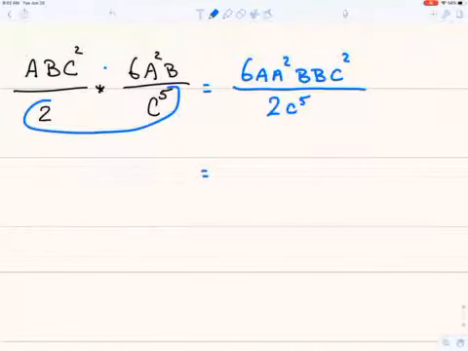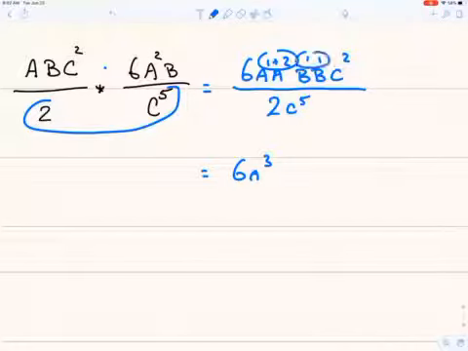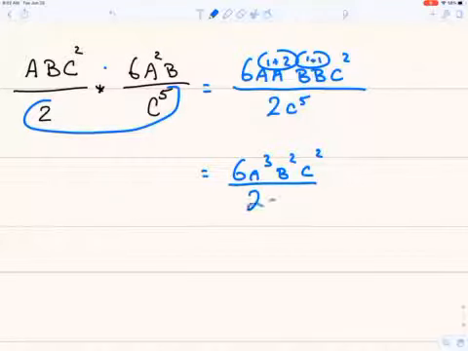Let's combine. 6a to the 3rd, because I'm going to combine the 1 and the 2 together with addition. And I'm going to take the 2 b's and combine those together with addition as well. So b to the 2nd, and c didn't really change. And I have 2c to the 5th. And now I'm feeling like I need to do a little bit more simplifying.